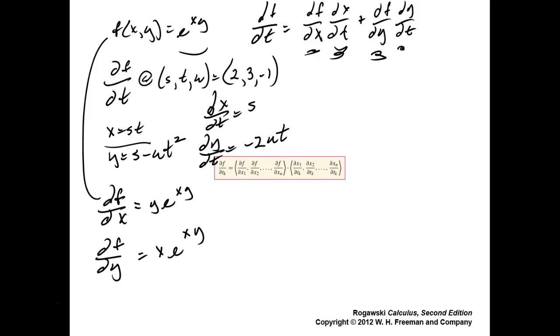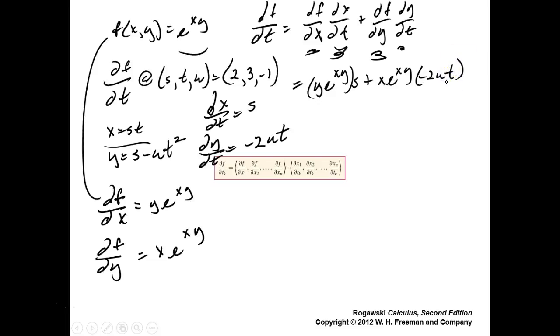So now we can plug and chug and see what we get. Partial of f with respect to t is y e to the xy times s, right? Plus x e to the xy times a negative 2ut.